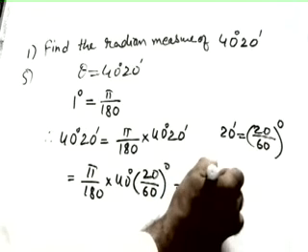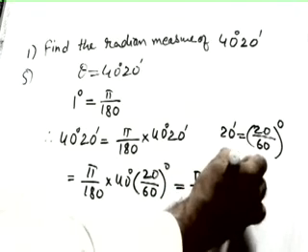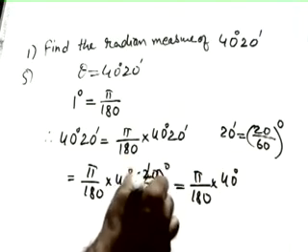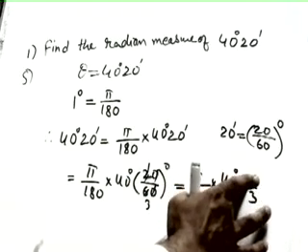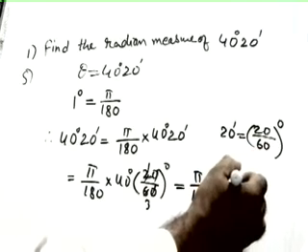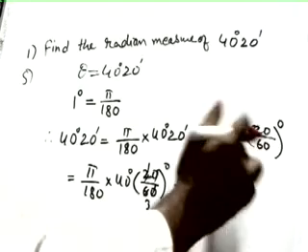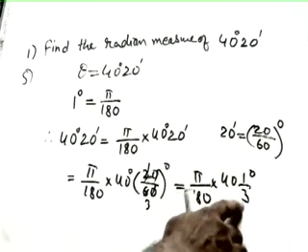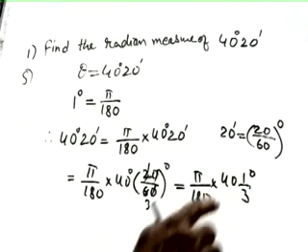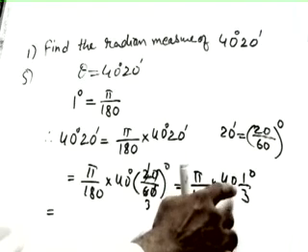Now see here, let me solve a little more. Pi by 180 into 40 degrees plus 20 by 60. This will get cancelled, 20 by 60 becomes 1 by 3. So we have changed this into 40 and 1 by 3 degrees.